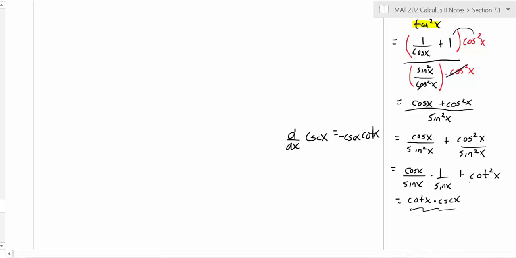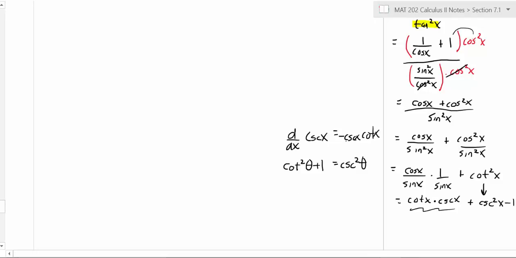And then the cotangent, well, we have an identity from trigonometry: cotangent squared theta plus 1 is equal to cosecant squared theta. So I could write the cotangent squared as cosecant squared x minus 1.